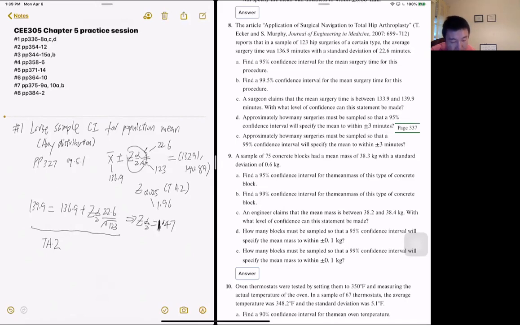Then we use table A.2. Remember it only tells us the left-hand tail value, but the area to the right of the z value of 1.47 will be 1 minus the value we found from table A.2, which is 0.9292. That is 0.0708. So from there we get half alpha.